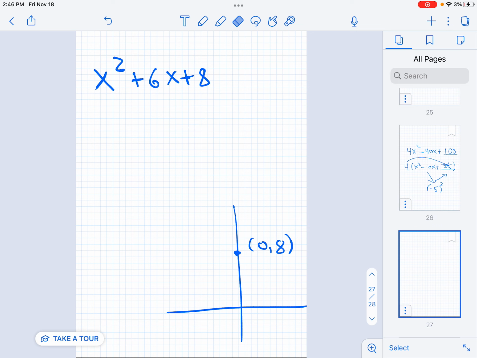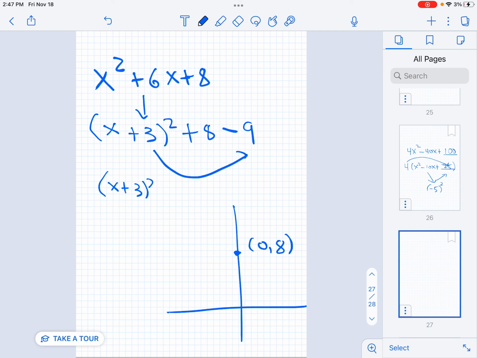So to turn it into vertex form, I'm taking half of 6, which is 3, plus 8 minus that thing squared, which is 9. And so it's x plus 3 squared minus 1. And the vertex is where I flip the sign and make that a negative 3, and then this one comes straight in, negative 1. So my vertex is going to be right here, negative 3, negative 1.